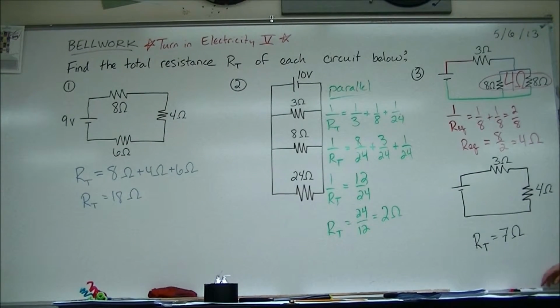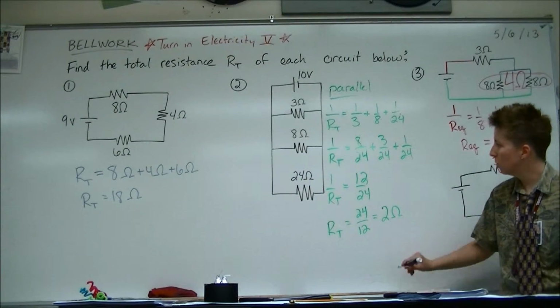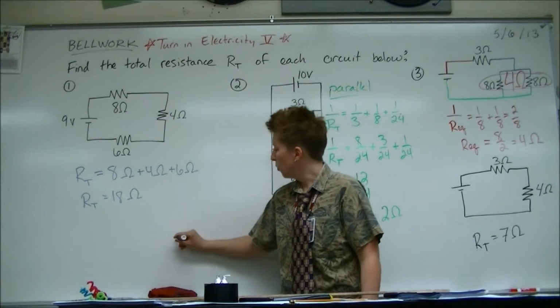You'll start with something where you have to put the series together, and then you end up with something in parallel. That might look like, sorry, it's going to be so small. Oh, how about over here? I'm running out of room.